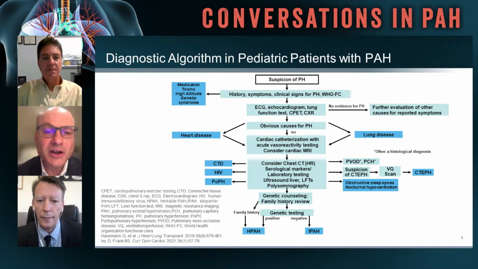And I think this slide also points out that genetic counseling and genetic testing is important. And I'll show some data later on from Professor Berger that shows that there are outcome differences based upon the genetic background.